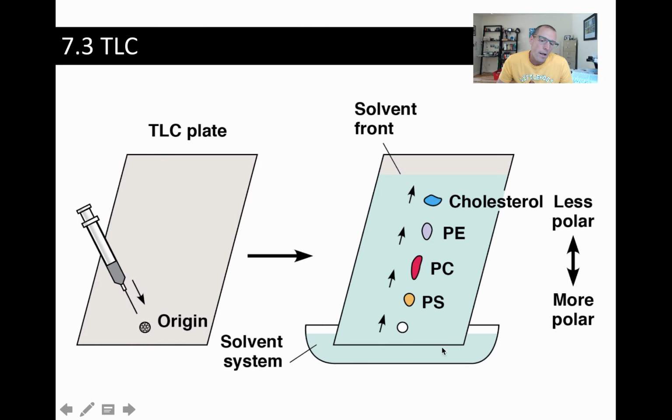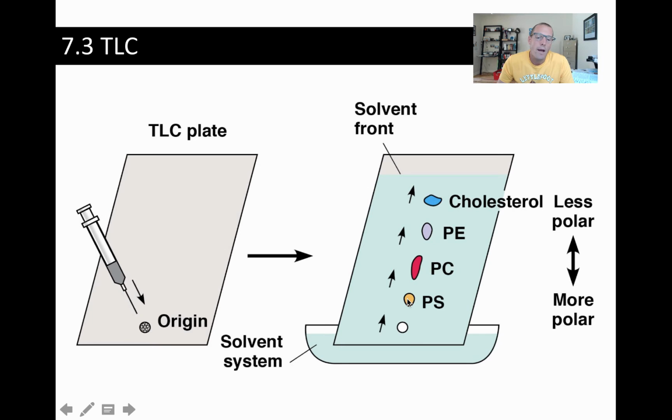And then we put the plate into this little bowl of solvent, and the solvent is just below the origin spot of lipids. And so as the organic solvent moves up the plate, the way that this type of plate works is that the phosphatidylserine is going to be retarded by the organic solvent, and the phosphatidylethanolamine and the cholesterol will be rapidly solubilized in the solvent and moved up the plate.